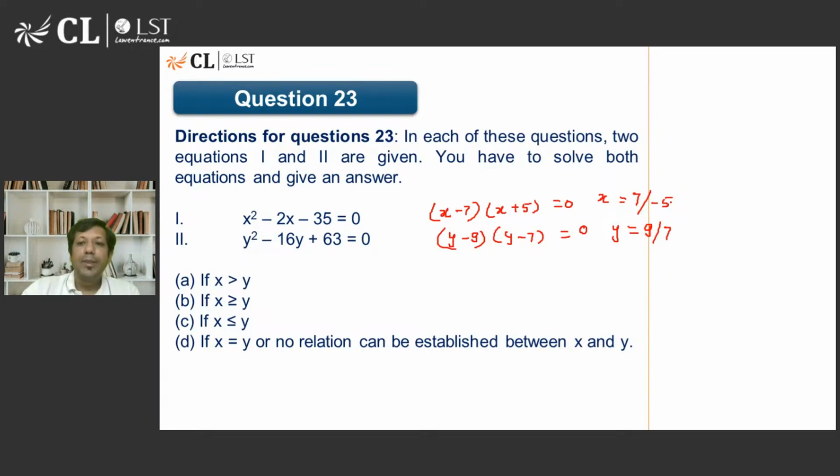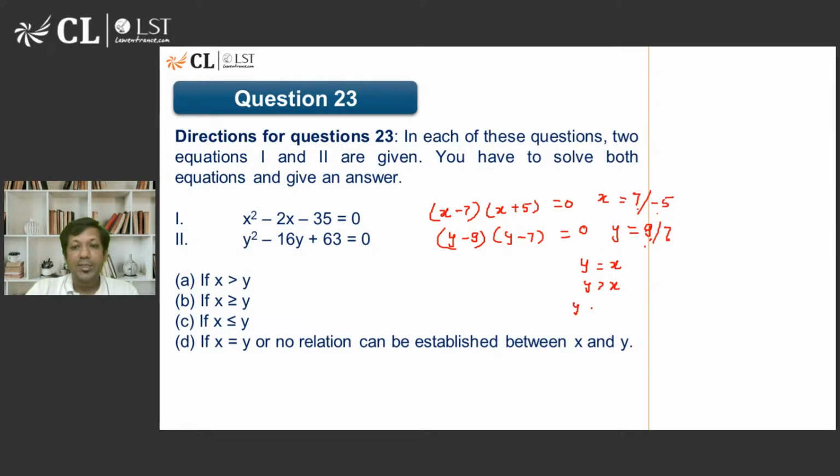Now if y is 9, then y is always greater than x. x can be 7, x can be minus 5, y is still greater. If y is 7, then x can be equal, x can be smaller. It means y is either equal to x or y is greater than x.